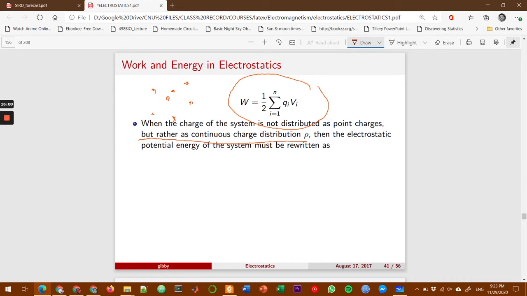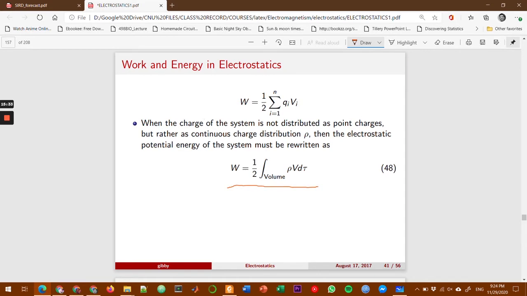Then the electrostatic potential energy of the system must be written differently: your summation will become an integral, and your Qi will become dq, times V. Take a look.